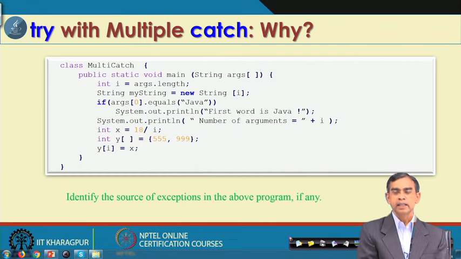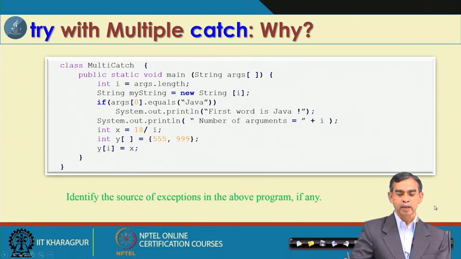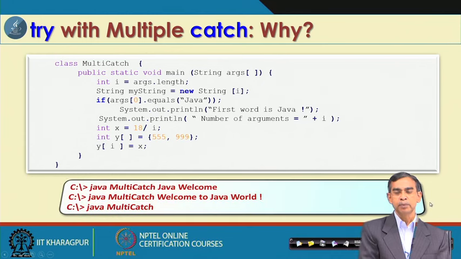So, as you see, this program can run for some inputs, but not necessarily for all inputs. If the program does not take care of those exceptional inputs, then it is not robust.